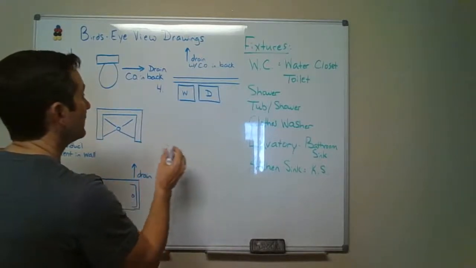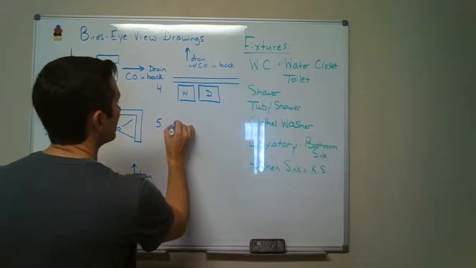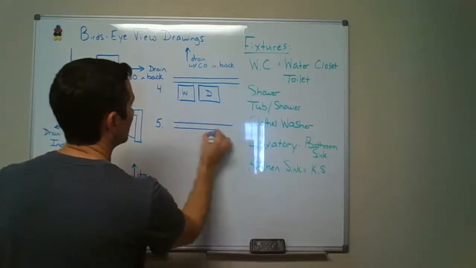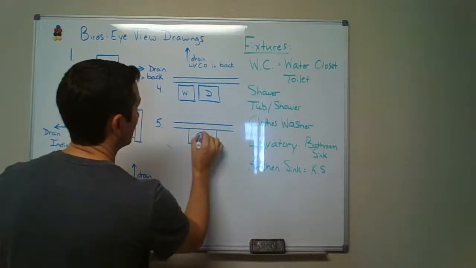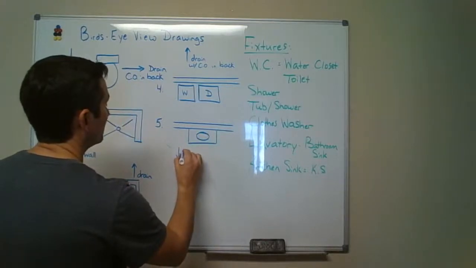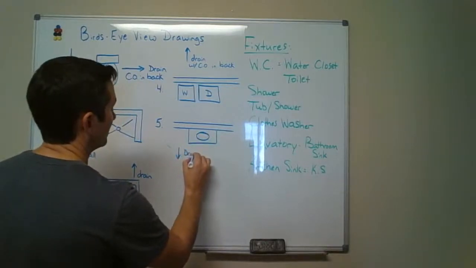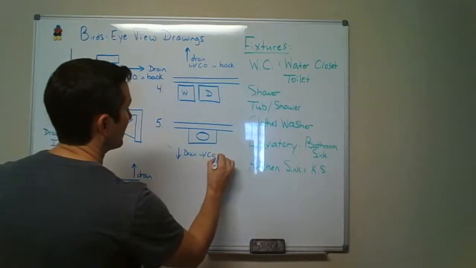Number 5. You've got a lavatory sink. I want you to draw the drain going in this direction with a clean out in the back.